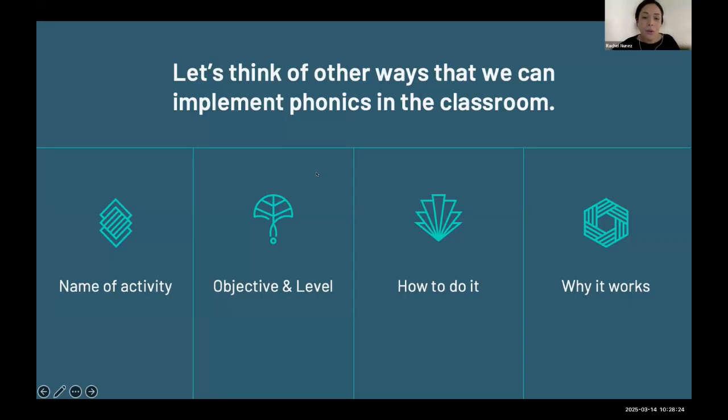Someone said reading beginners a word out loud, can be like singing. Can you explain your activity to us orally?